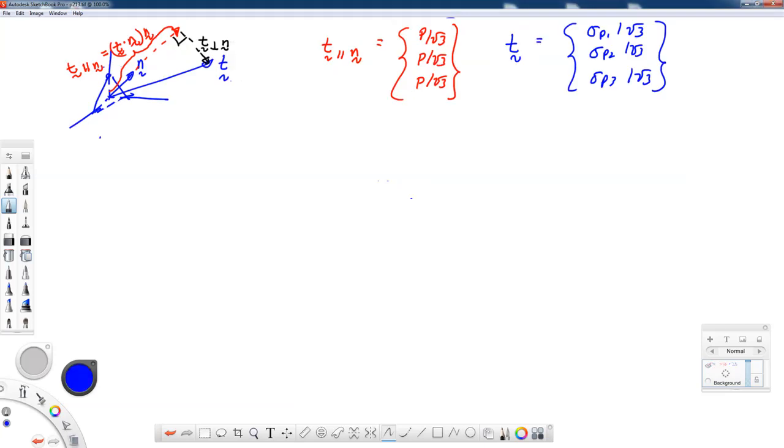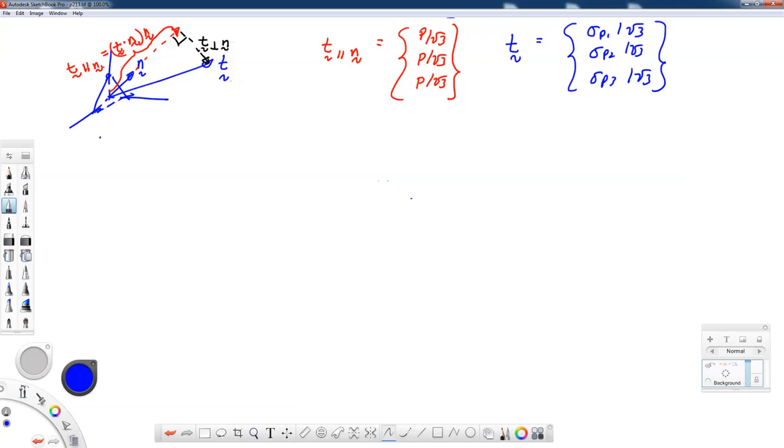Alright, so I just moved that diagram up a little bit. And just to make it clear, T dotted with N times N, T dotted with N is the hydrostatic stress, times the vector N is P over the square root of 3, P over the square root of 3, P over the square root of 3. So that's T parallel to N.